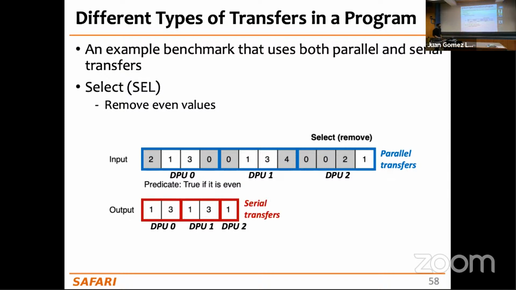So this means that we have to transfer different sizes from the memory of the DPUs, the PIM-enabled memory, to the main memory, and that's the reason why we have to use serial transfers here. And you will see, when we evaluate this workload, that these serial transfers take a significant amount of time.